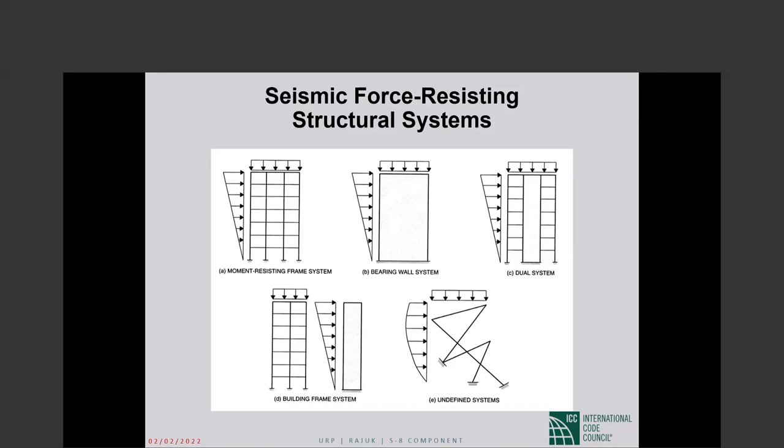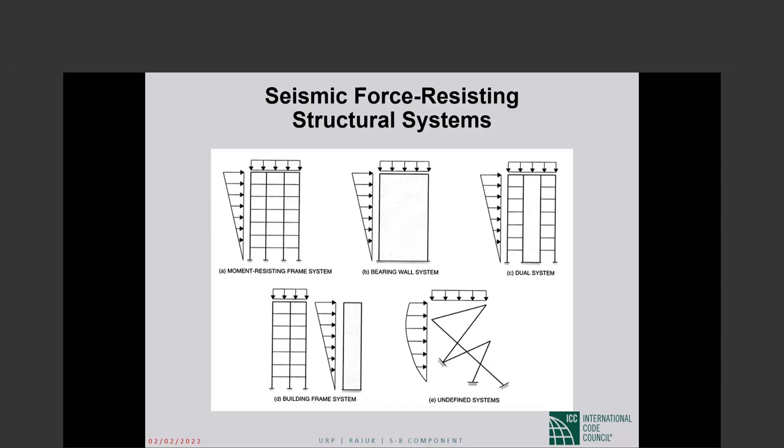Okay, this has to be checked and satisfied. Okay, so the frames carry all the gravity, the shear walls carry all the seismic forces, and deformation compatibility is maintained between the two systems, meaning that the frames must continue to carry full factored gravity loads all the way up to the design earthquake deformations of the seismic force resisting system.